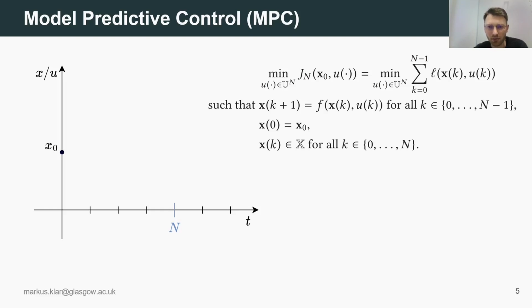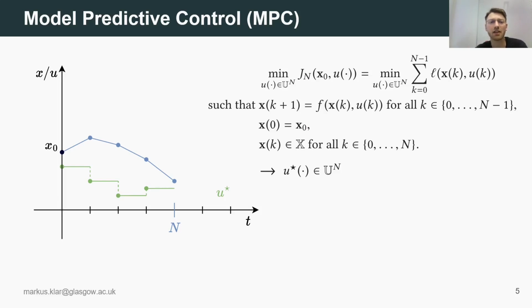Now, when we solve this optimal control problem, we obtain the so-called open loop optimal control, U star, and that, when applied, can be seen as the prediction of the states as seen by the user.